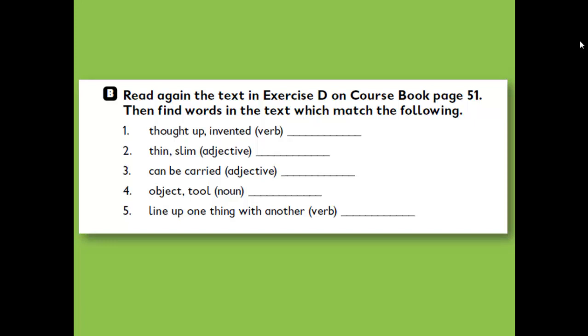Number 1. Thought up or invented. Verb. Thin or slim. Adjective here. Number 3. Can be carried. Adjective also. 4. Object or tool. Noun. Number 5. Line up one thing with another.